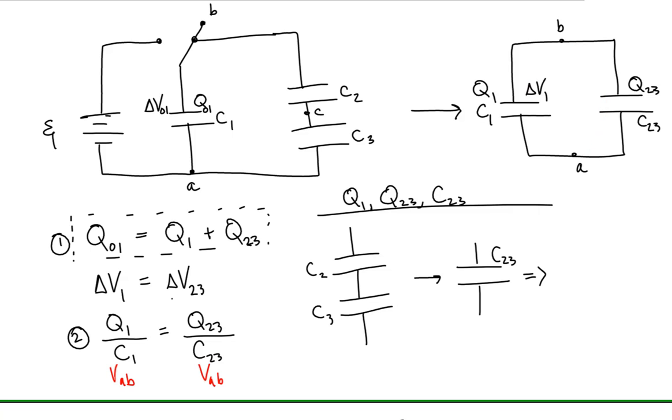And you could look at it like that, or if you just wanted to use Kirchhoff's loop law, for example, if we want to just go in a complete loop from A to A, the voltage from A to A, and this would be the way of looking at it in series, is the voltage from A to B plus the voltage from B to A, that has to be equal to 0. So the voltage from A to B is, and remember, this is going to be minus plus, minus plus. The voltage from A to B is just the voltage across capacitor 1. The voltage from B to A is the voltage across capacitors 2, 3.